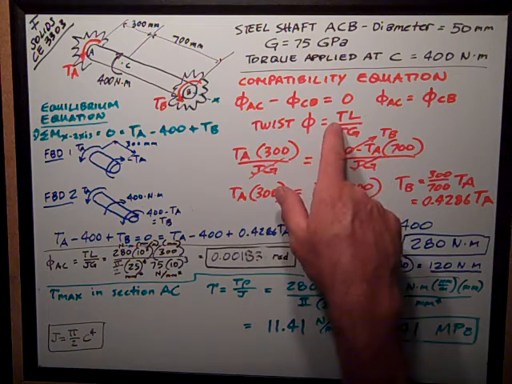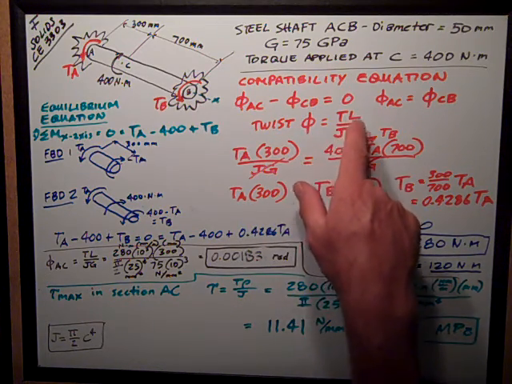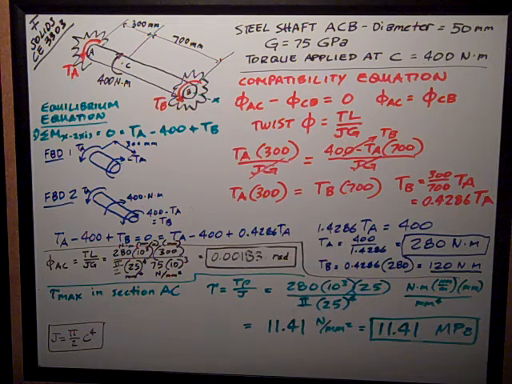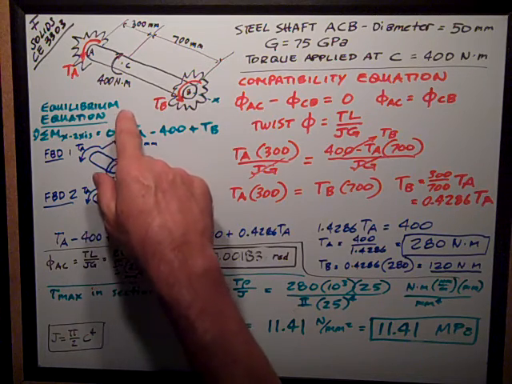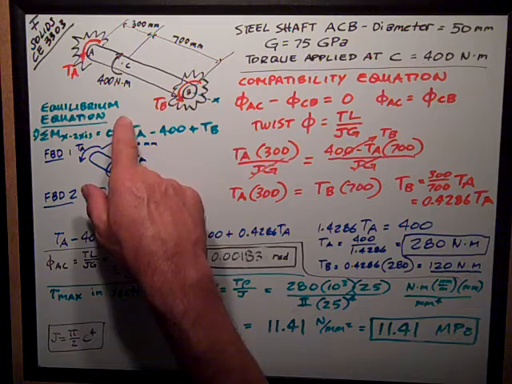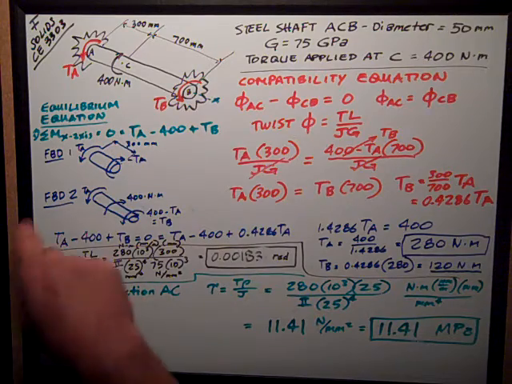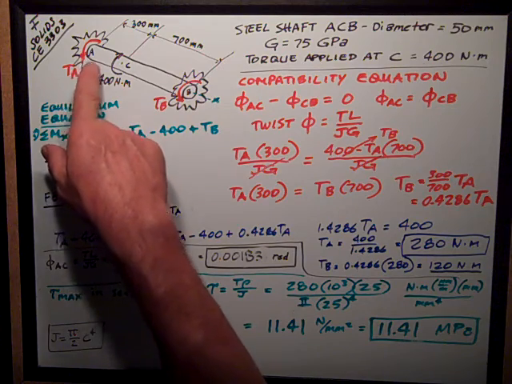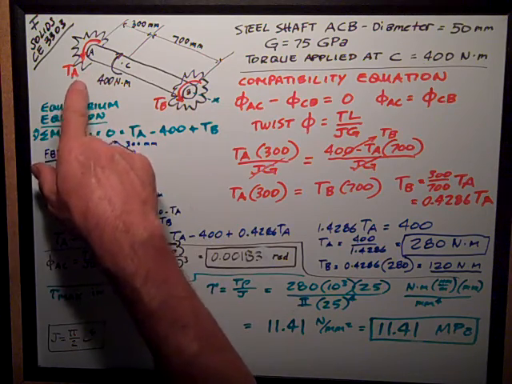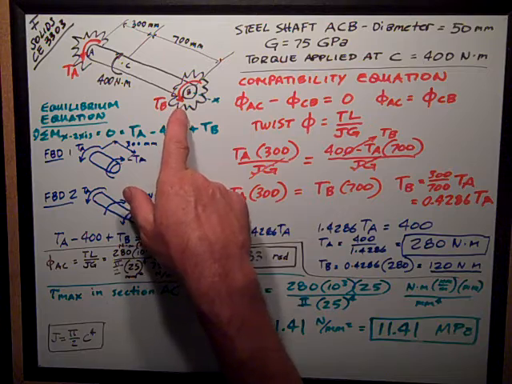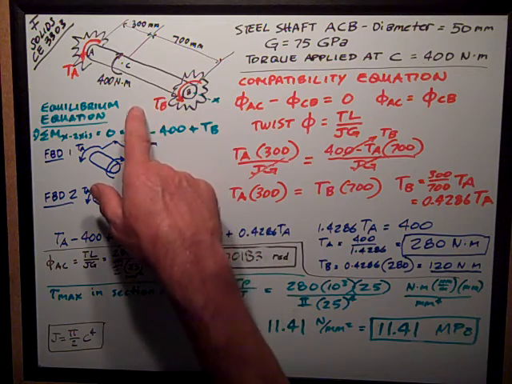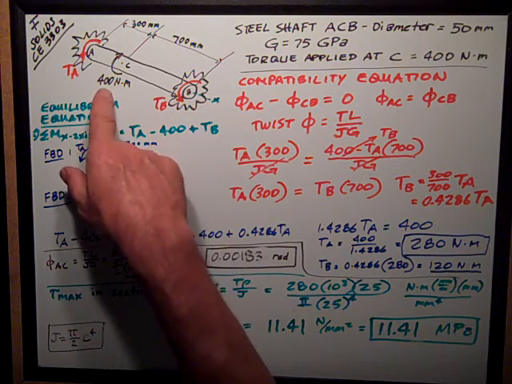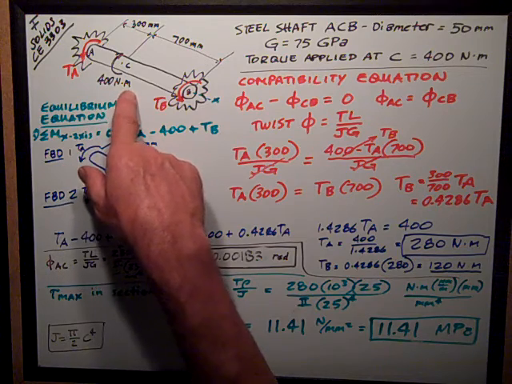Twist, we know, is torque times length divided by JG. Now I need to go over, you were not asked for this equilibrium equation, but it's vital to solve the problem. I cut 2 little sections. First I do a big free body of the thing, and I put a torque at A and a torque at B in the same direction, resisting the 400 Newton meter applied torque.